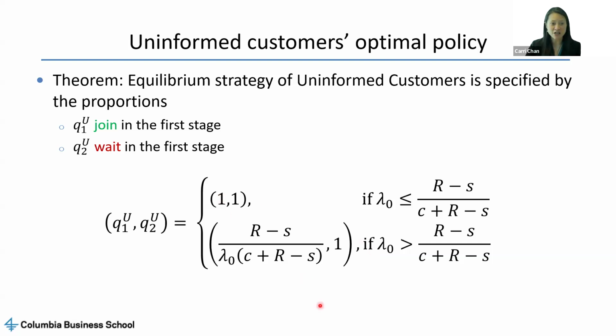In the first stage, it depends on the arrival rate. If the arrival rate's really high, then people aren't going to want to end up waiting, and so they're going to balk. Otherwise, if the arrival rate's sufficiently low, everybody is going to join. So what this means in the uninformed customer's case is that the sunk cost can only hurt the service provider.